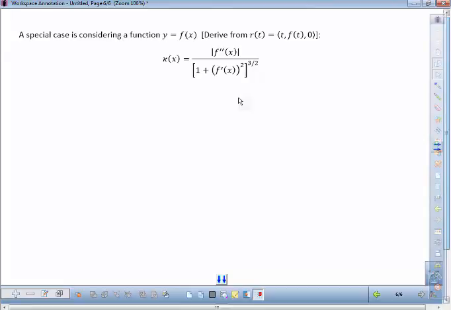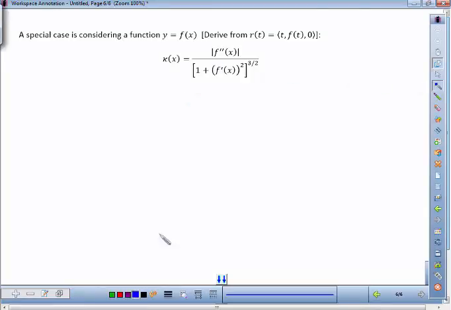If we consider something in 2 dimensions, then this formula is something that we could have used and probably would have been a lot easier than having to cross a couple of things. Although crossing those vectors with zeros in them wasn't too bad. But in any case, this kind of turns out to be a little bit easier to deal with. So let's do another one real quick since we have this formula up. And actually, let's use this formula.